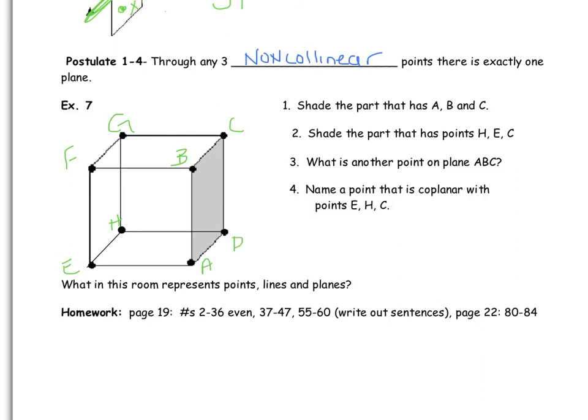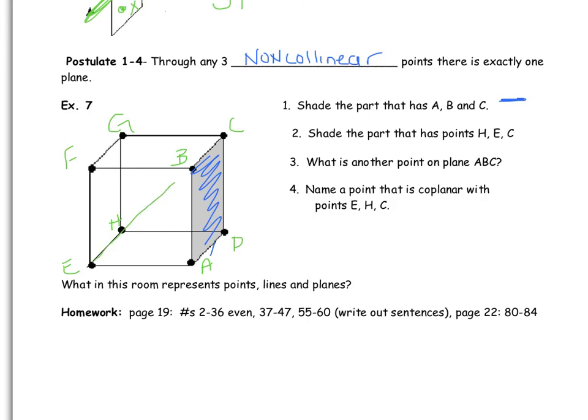You should pause me here and see if you can answer questions 1 through 4, and then unpause me and see if you got them right. So go ahead and pause me now. Shade the part that has A, B, and C. Well, that's already shaded for you. So that was question 1. Question 2, shade the part that has points H, E, and C. This is tricky because it's not a side of the box, it's actually inside the box.